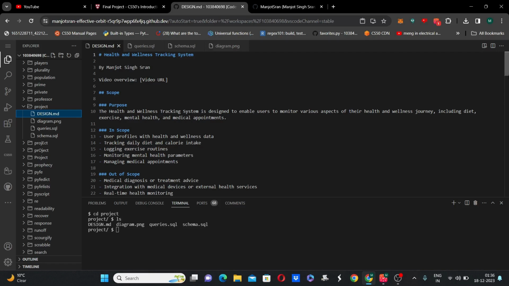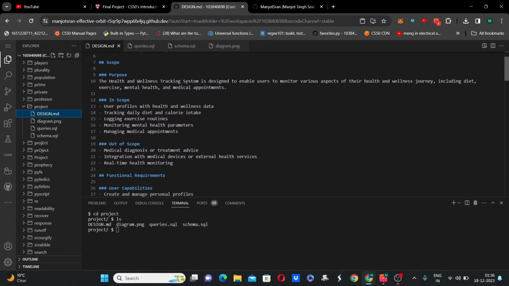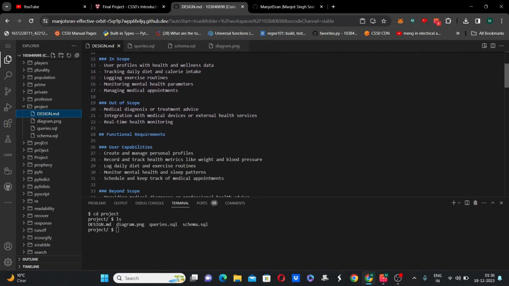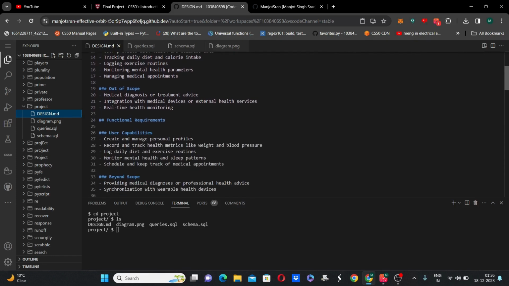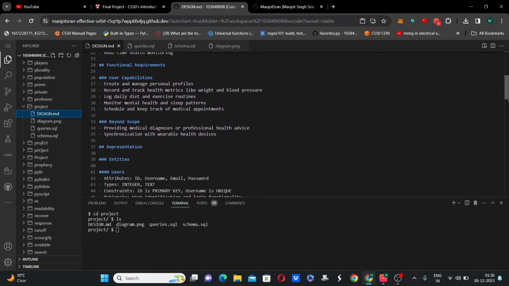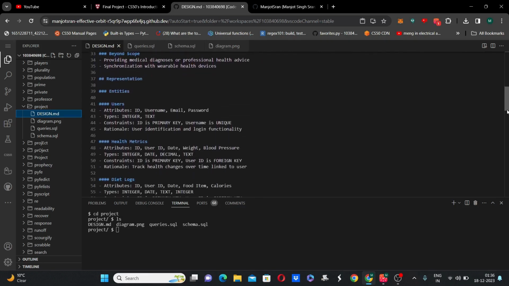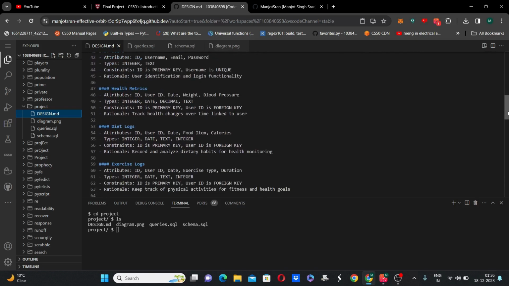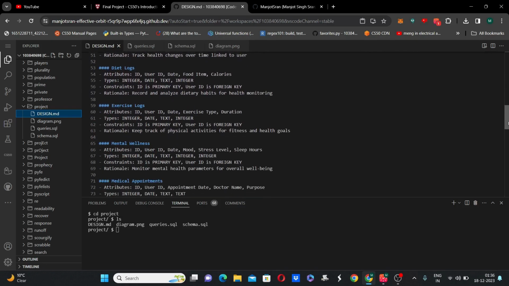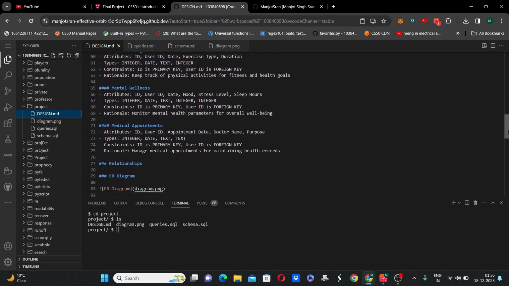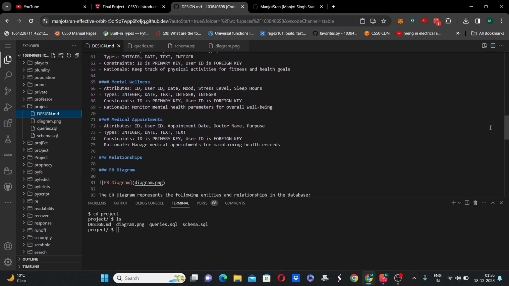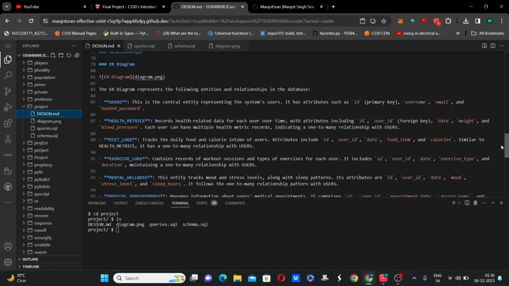This explains a lot about the scope of this project. I have created these tables: users table, health metrics, diet logs, exercise logs, mental wellness, and medical appointments table. So let's first see the ER diagram.